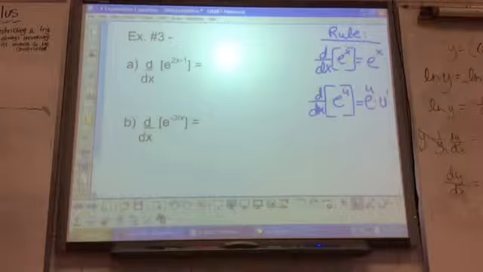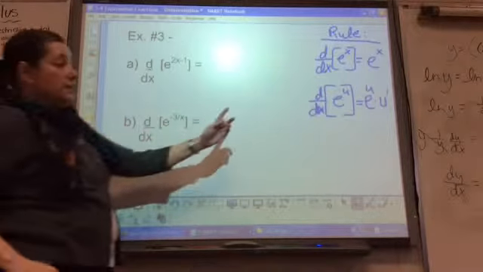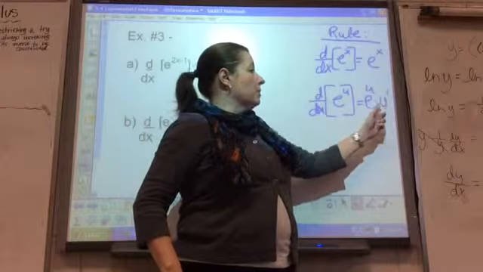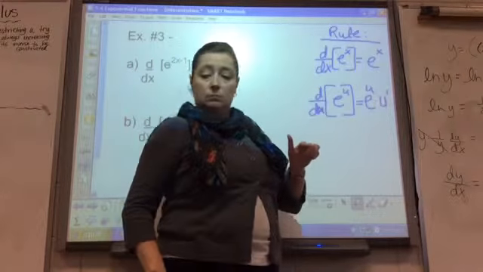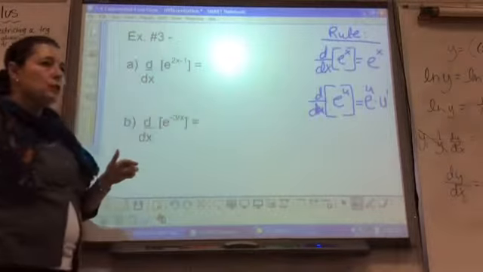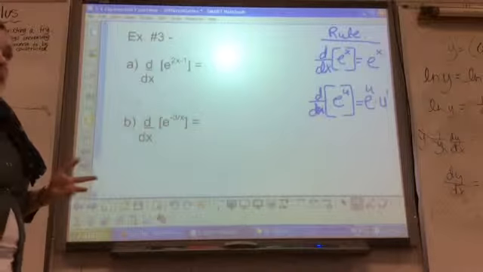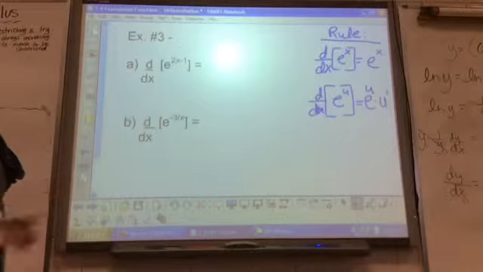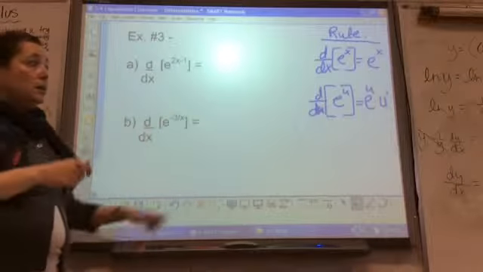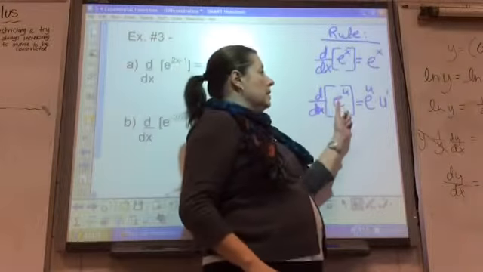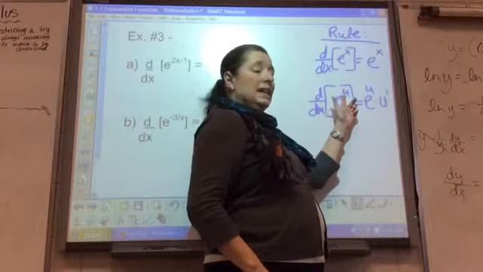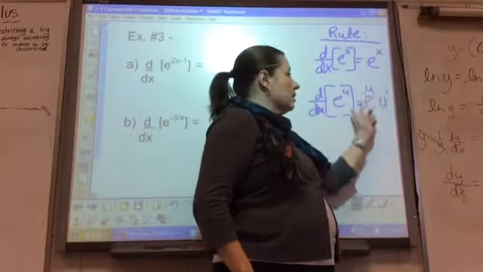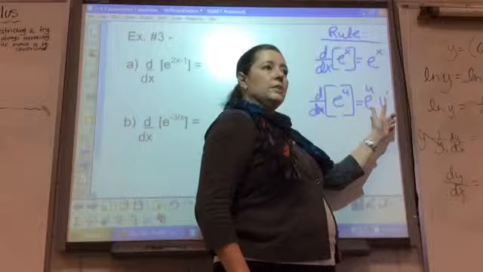The general rule is itself times derivative of the exponent. Okay. E to the x rule is really pretty easy. It's easier than learning the basics of logs. Really. Wait, say that again. Derivative of e to the anything is itself times derivative of the exponent.